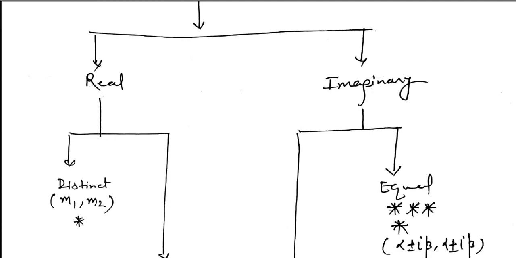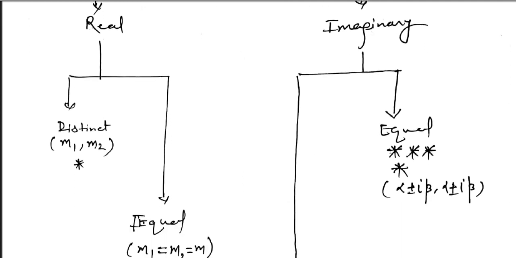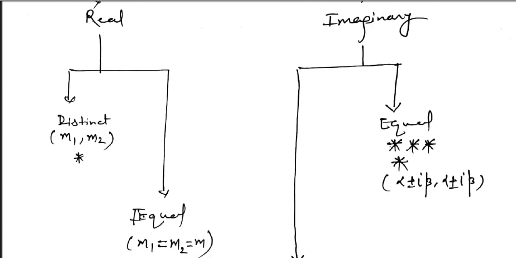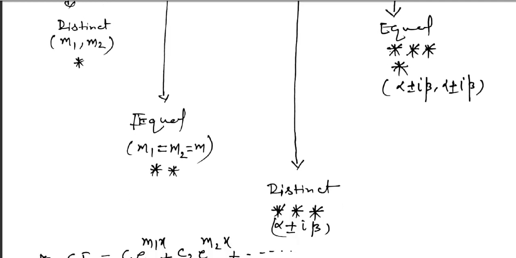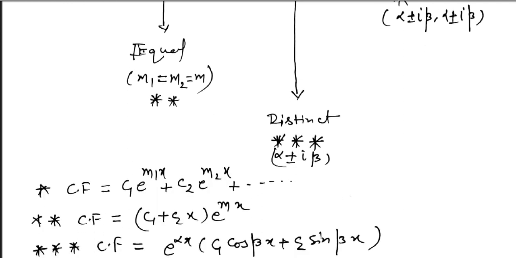If the real roots are distinct, like m1 and m2, then we find CF in one way. If the real roots are equal, like m1 equal to m2 equal to m, then we find CF another way. Imaginary roots can likewise be distinct imaginary roots or equal imaginary roots.